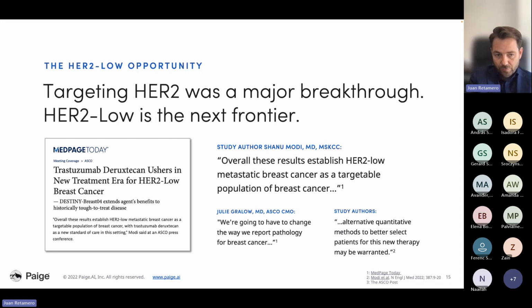But of course, the paradigm has started to change over the last couple of years with the advent of antibody drug conjugates, which essentially is trastuzumab together with a molecule of deruxtecan. What we know now is that patients that have low HER2 levels can be given this new class of molecules, and they would clinically respond to those.